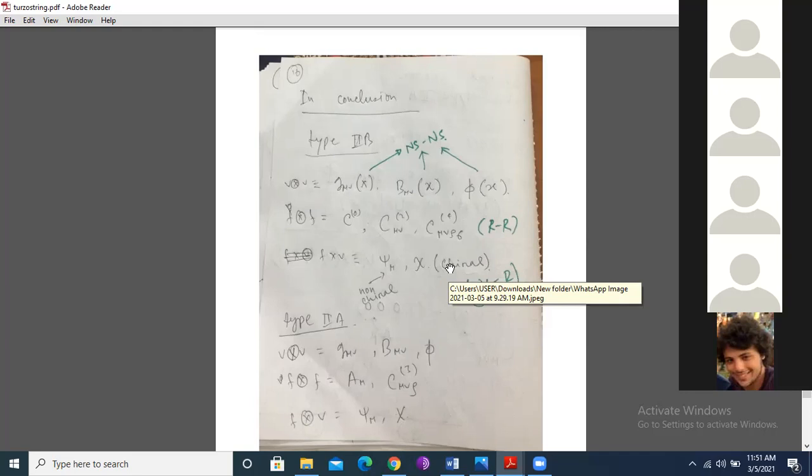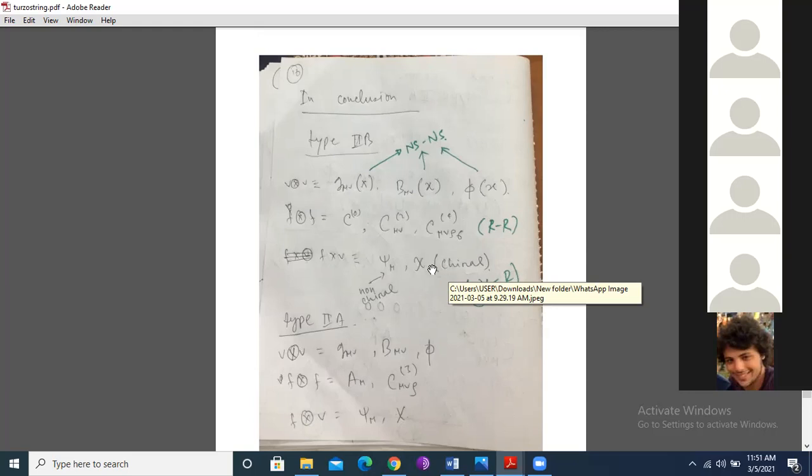So basically, it all started with the debate that we are saying this string theory is in 10 dimensions. When we compactify the extra 6 dimensions, are we going to get a de Sitter space-time with a positive cosmological constant?